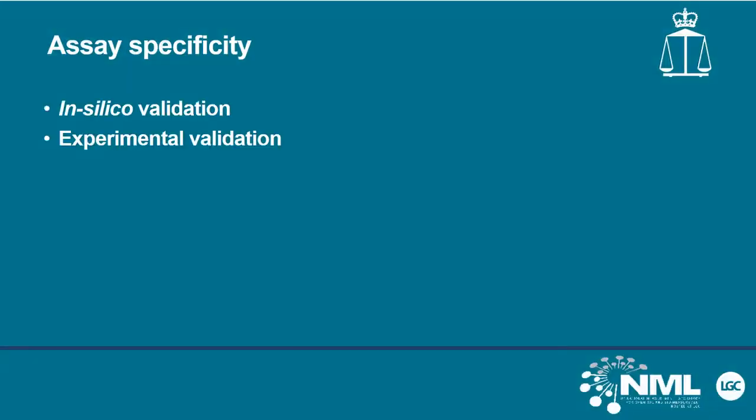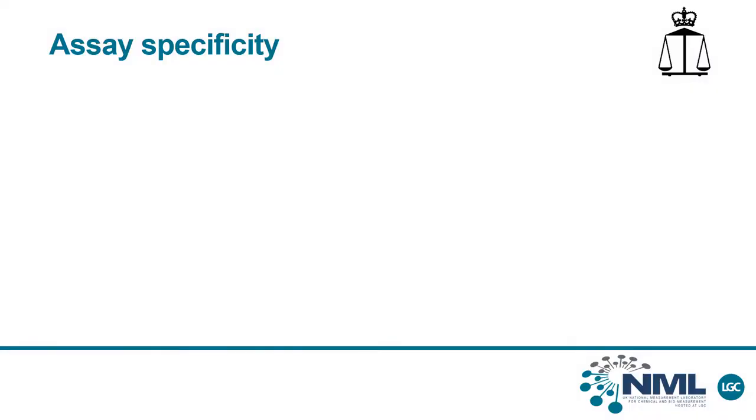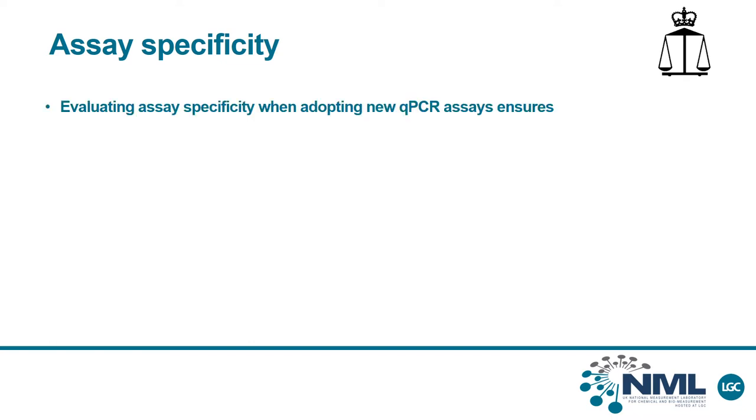In the following section, a number of approaches for determining assay specificity for a defined target DNA sequence are outlined. As described in the previous e-seminar on qPCR assay design, assay specificity describes the level of sequence match between the assay oligonucleotides, i.e. the primers and probe, and the target DNA sequence.